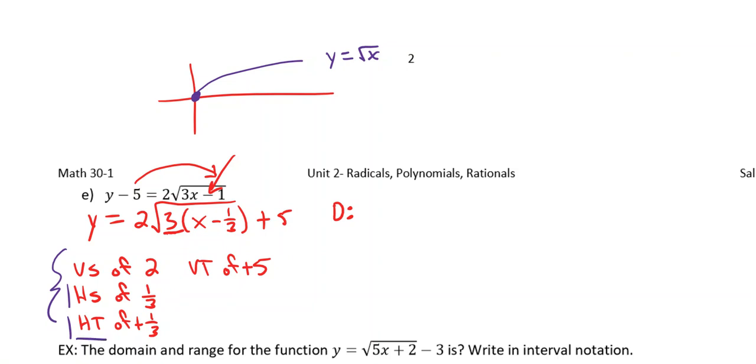My whole graph has moved over a third to the right. Whatever happened, this thing moved over to 1 over 3. So I know my domain has to be x greater than or equal to 1 over 3.